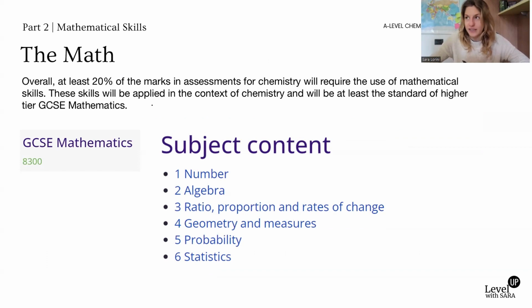So if you feel like you're stuck with the math of chemistry and you lose marks in simple mistakes, like rearranging equations, or you just feel uncomfortable when you see mathematical skills, it's a good place to start.